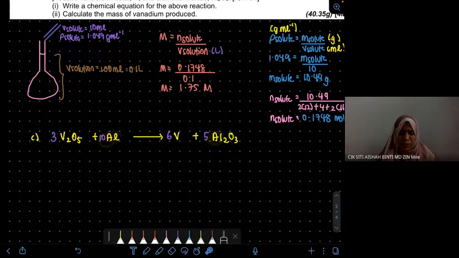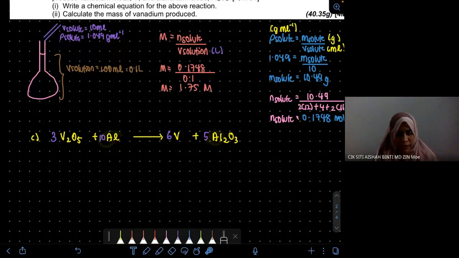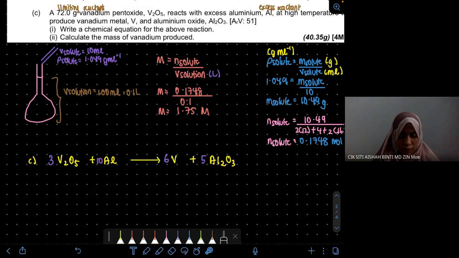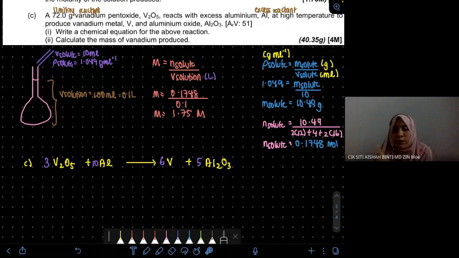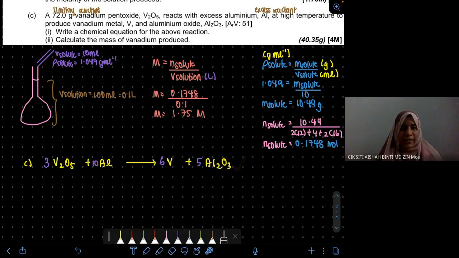Okay, sebab soalan tu equation dia macam usually we only saw question yang ratio dia 1-1-1 ataupun 1-2-1-2 ke apa kan. Yang ni, the stoichiometry dia nombor dia lain sikit. So sometimes in the question just double check walaupun dia tak minta kamu balance the equation, just double check is the equation balanced or not.